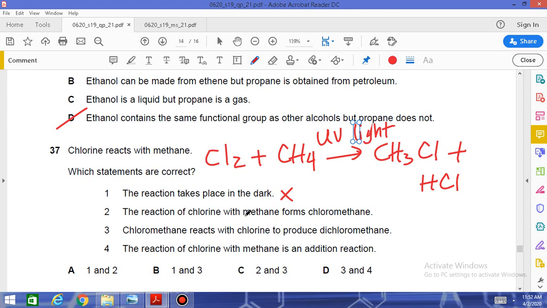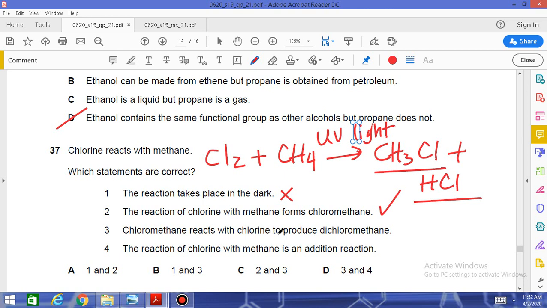The reaction of chlorine with methane forms chloromethane. Yes, this is a substitution reaction. One hydrogen atom from methane is removed and replaced by one chlorine from Cl2, and the hydrogen atom that's removed combines with the other chlorine atom to form HCl. So statement 2 is correct.